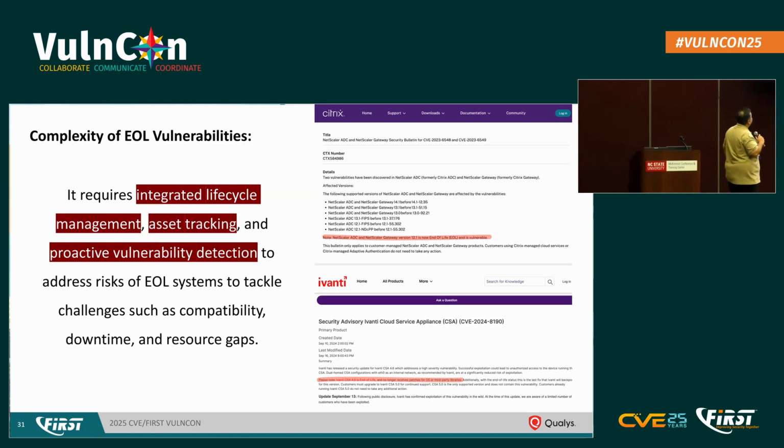But if you look at it, the advisory mentioned that these versions are end of life. That is the point that you need to have a good asset inventory and lifecycle management integrated into your vulnerability management. Because if your team already knew what those machines are, where they are located, what their end of life status is, is it approaching, is it not approaching, are you good?